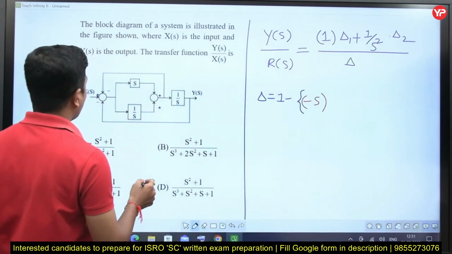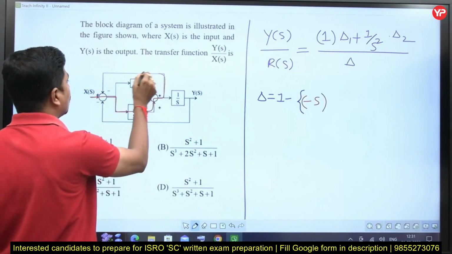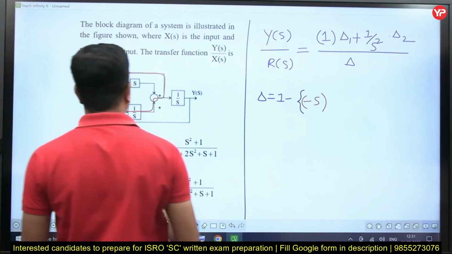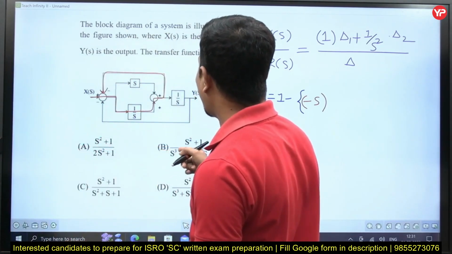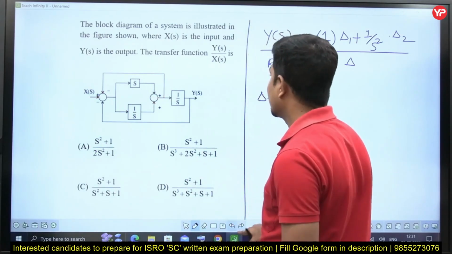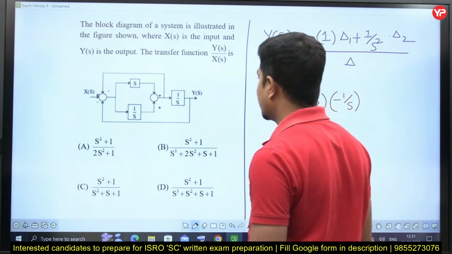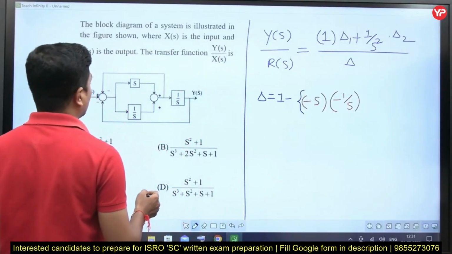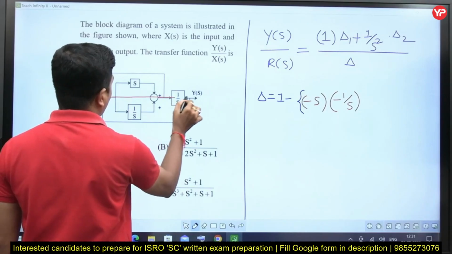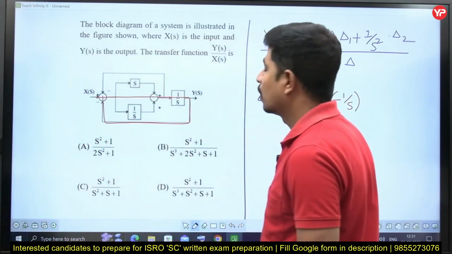The second loop, is this not a loop? This also will be a loop. It is minus 1 by s. Minus 1 by s is a loop. Third loop, is it not a third loop? Yes, that is possible.